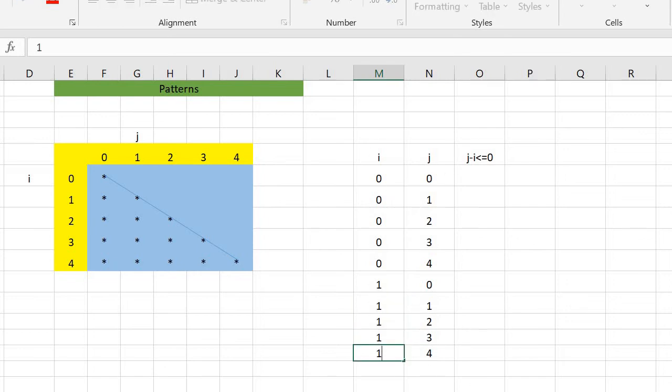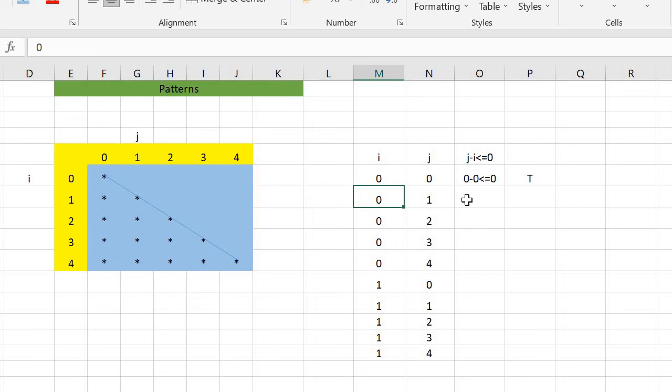Let us now see how this equation will work. j minus i, that is 0 minus 0, is less or equal to 0. Is the condition true or false? 0 minus 0 is 0 definitely, and 0 is equal to 0. So the condition is true. If the condition is true, we have to print a single asterisk, which has been printed. Done.